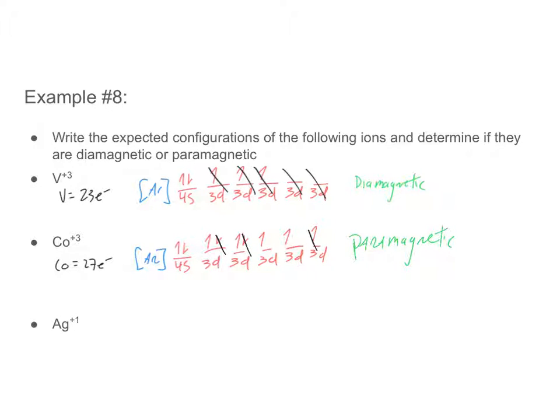And then another example would be silver. Silver has 47 electrons when it's neutral. I'm going to use the noble gas shortcut for silver, which would be krypton in this case. So then I would have 5s, arrow up, arrow down, and then it'd be 4d.